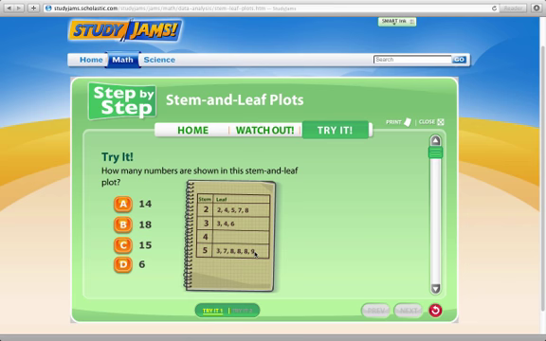If I counted up all those numbers, I believe I got 14. That's a slam dunk! There are 14 leaves, and when each leaf gets paired up with its correct stem, that makes 14 numbers.